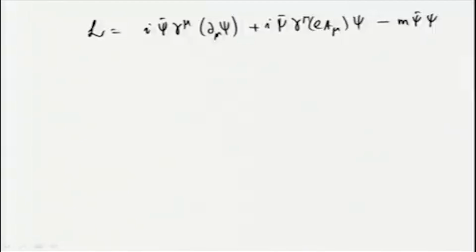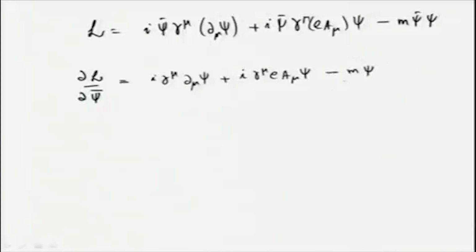This will give you dou L by dou psi bar equal to i gamma mu dou mu psi plus i gamma mu e A mu psi minus m psi. This is equal to 0, your equation of motion, because there is no derivative term of psi bar.